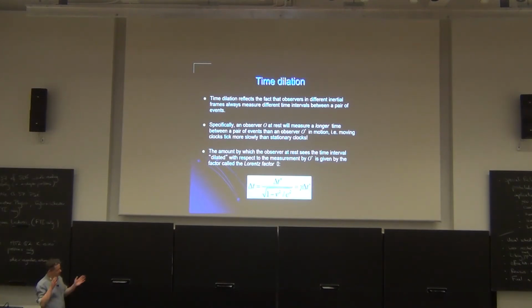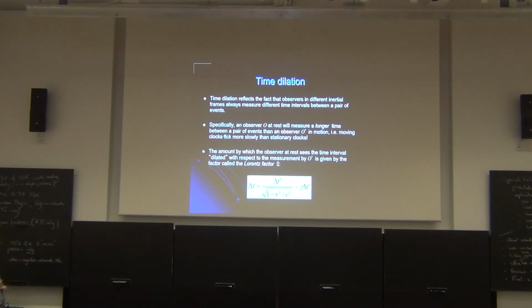if I have two events measured by an observer in a certain reference frame, the observer who's in a reference frame that is not moving as defined by that person is going to observe a certain time interval, but the time interval between those same two events measured by somebody in a moving reference frame will be different, okay?